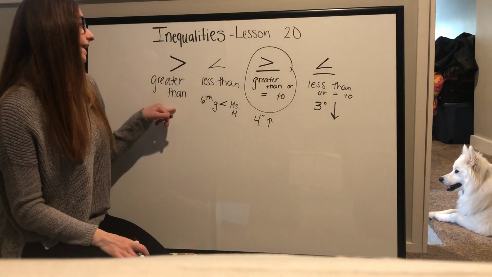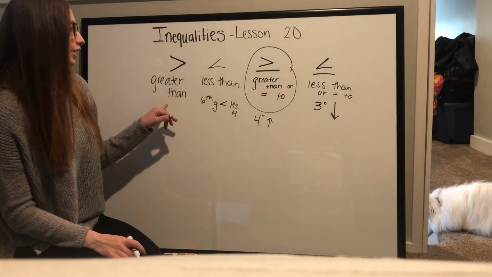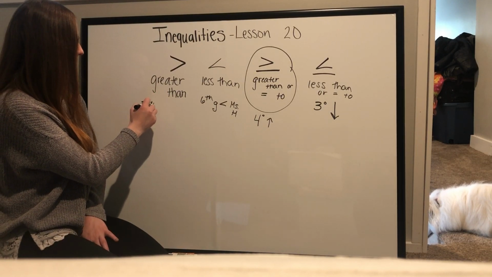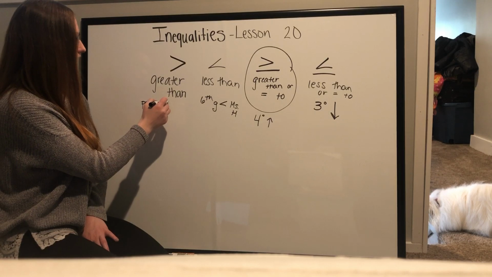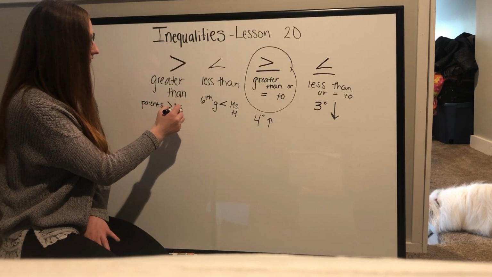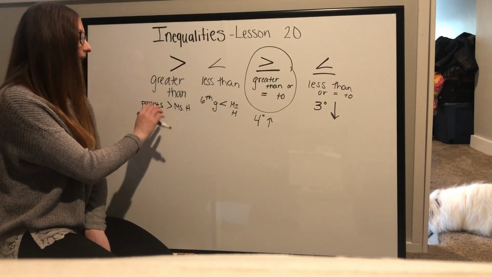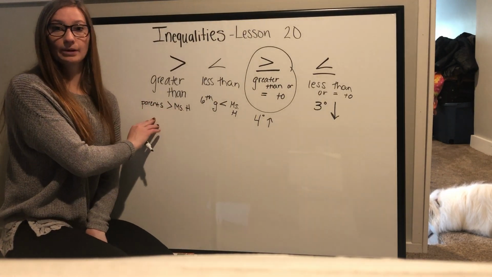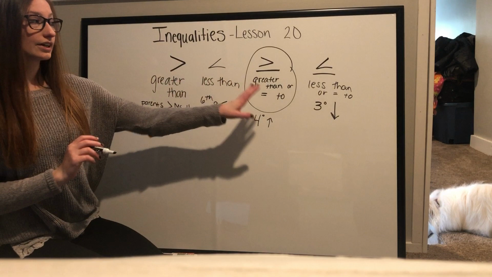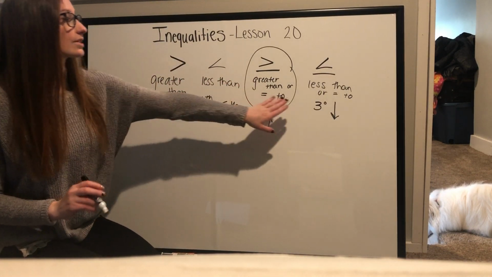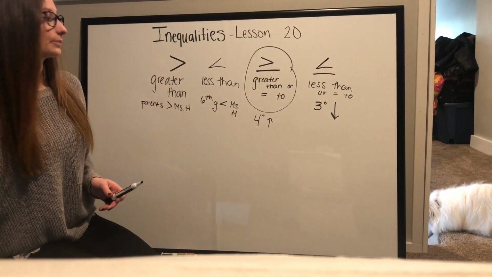This one we could say, your parents are older than me. So none of them are my age, but I'm always going to be younger than your parents. So these are your inequality symbols. You have greater than, less than, greater than or equal to, or less than or equal to.